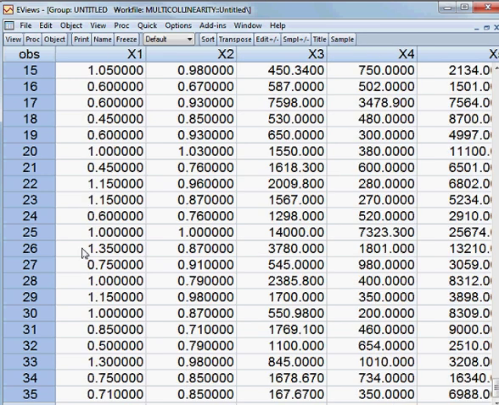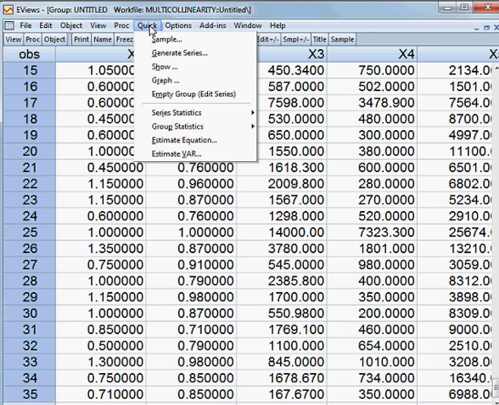Now we want to execute the model. So how to estimate the model? I go to Quick as before, and I estimate the model.